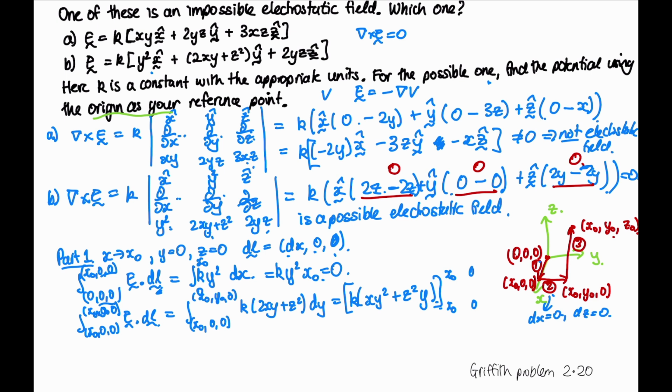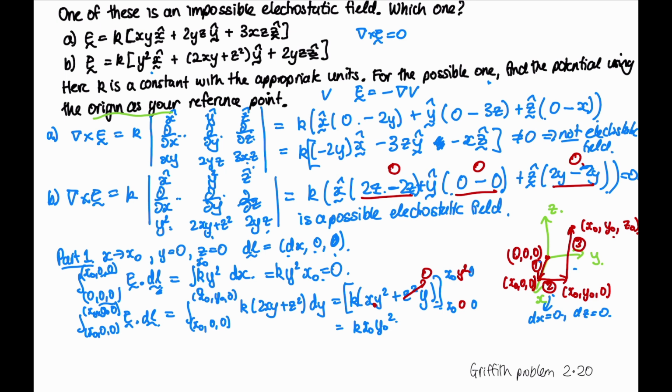So because there's a z in both terms, this term is always going to be 0. This term here is always going to be x naught, and y is going from 0 to y naught. And so when we evaluate this, this is going to be equal to k x naught times y naught squared. And so that's along path 2.